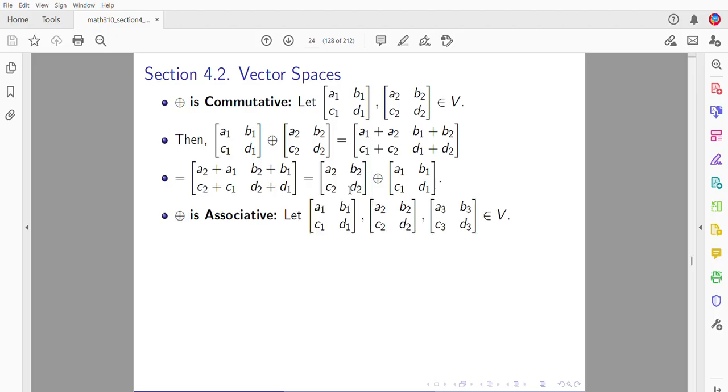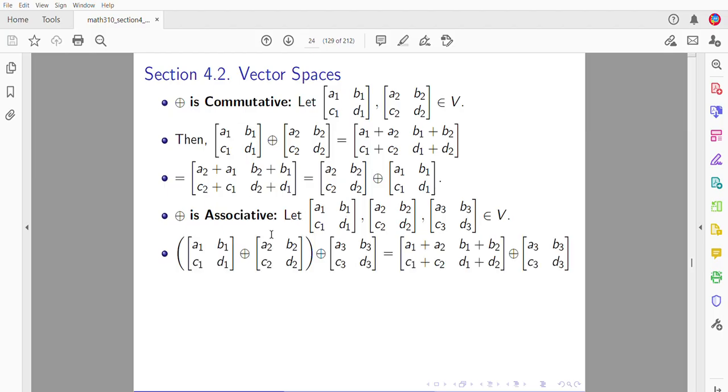Is O plus associative? Well, take three vectors, add two of them at a time, and wait for the other one. When these two get added, you get this vector. Then you are adding the third vector. You see, this is now each one item, so they remain in parentheses. Okay, the first vector entries are in parentheses. Now this vector goes in. All right.